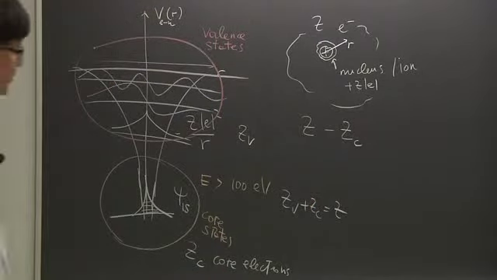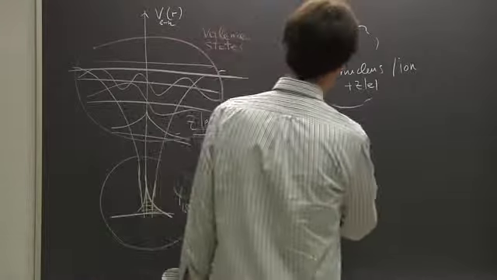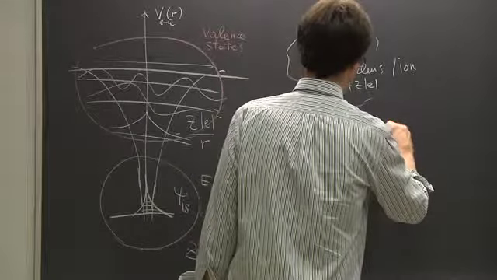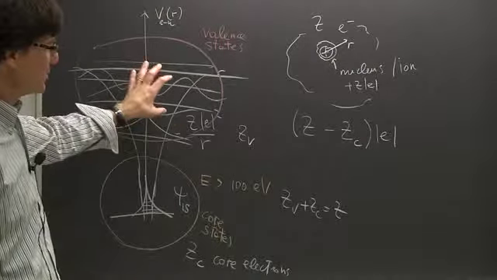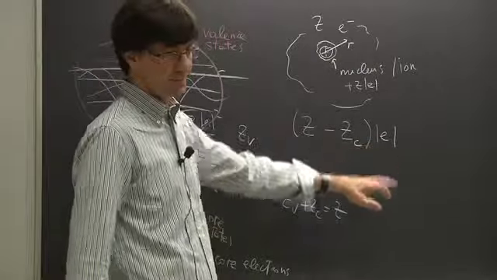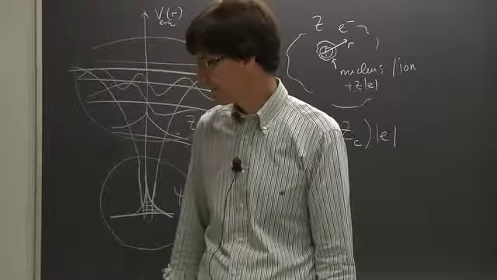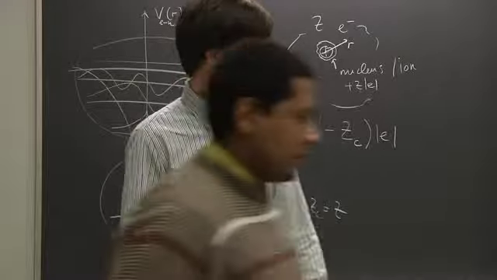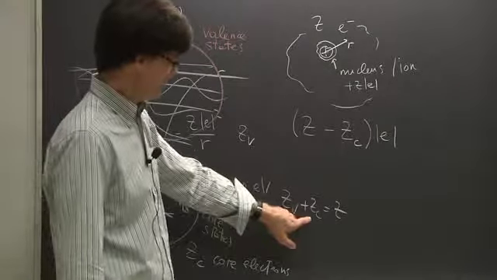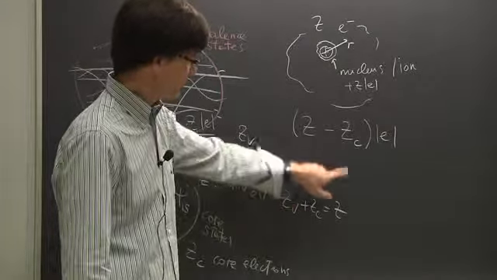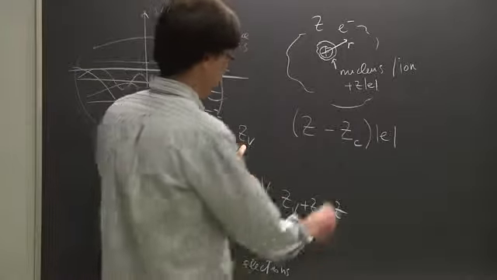So the overall charge seen by valence electrons is given by this number. Okay? But because of this, Z minus ZC, of course, is ZV.